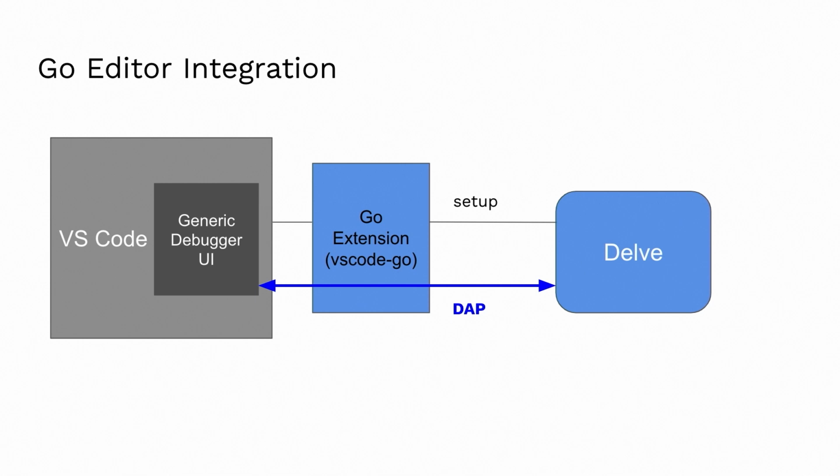But this debug adapter protocol is how VS Code will tell Delve what program to launch and all that information, so that Delve can either attach or launch to a Go program, and then these will communicate with each other to give us the debugging experience that we saw here.